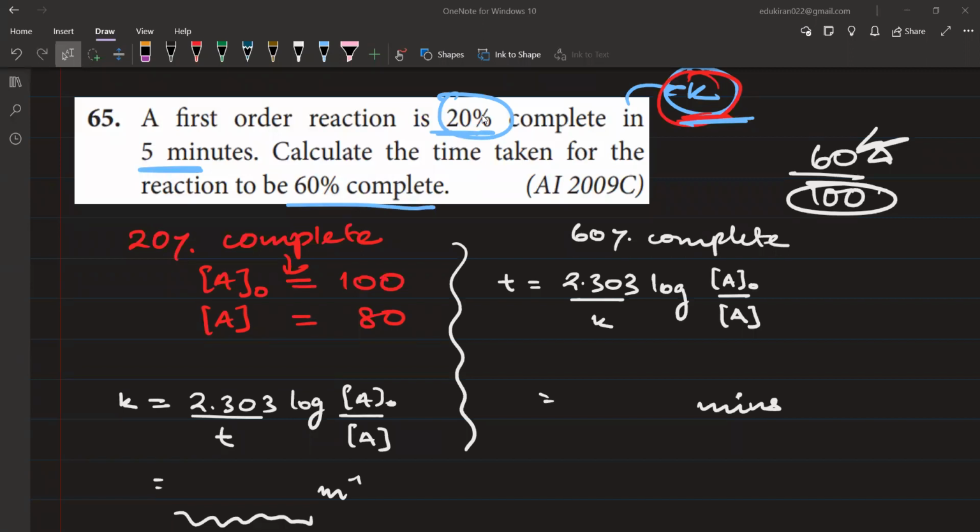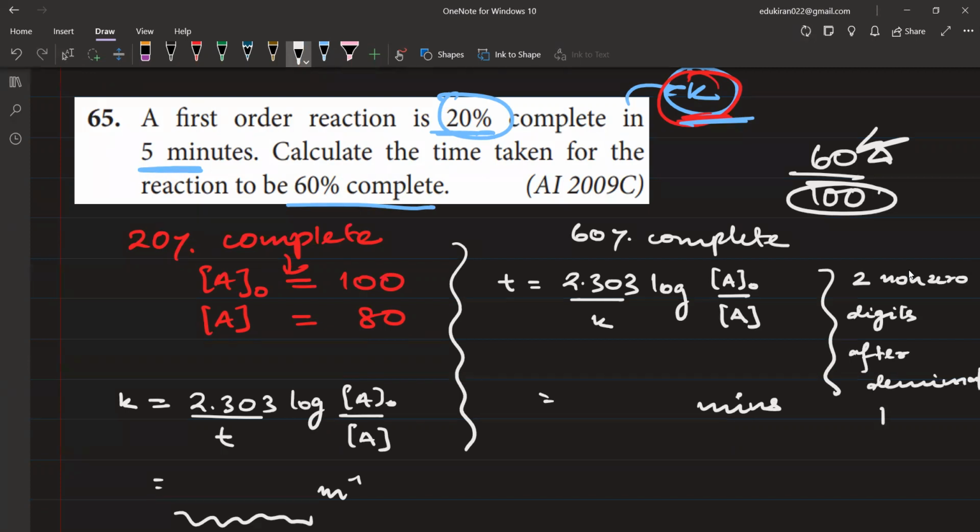No no no Saif, you have made some mistake in K. Like you have taken a huge approximation maybe, that is why. What I have always said, I think you guys must remember me saying many times, is two non-zero digits after decimal point.